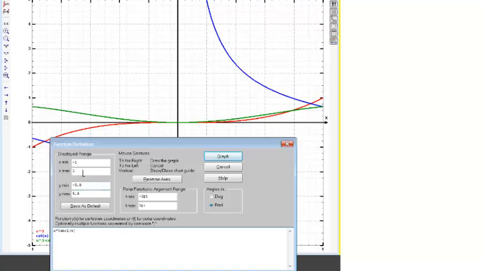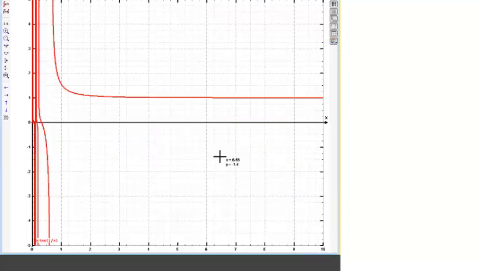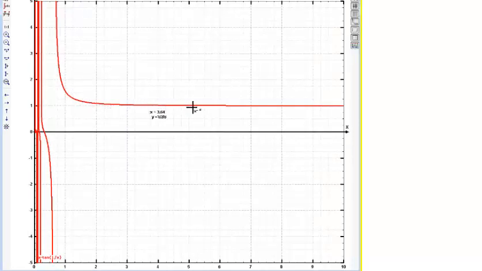We're wanting the limit as x goes to infinity, so let's put 0 in for the minimum and put 10 in. 10 is not infinity, but it'll at least give us an idea of what's going on. And so there you go. Here, as x approaches infinity, you can see that the function approaches 1, which is what our answer was.